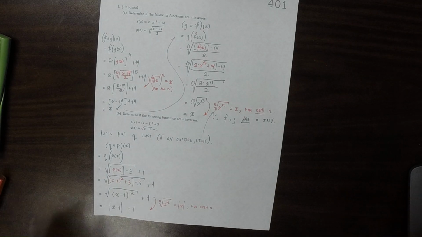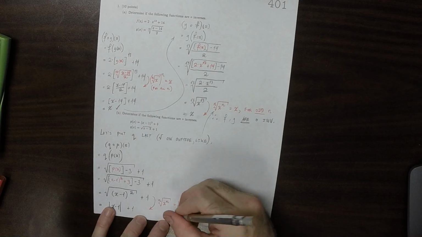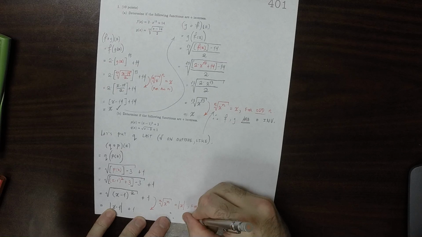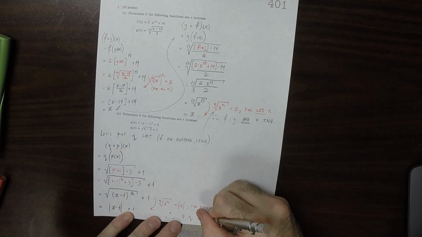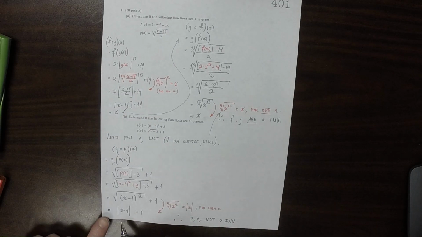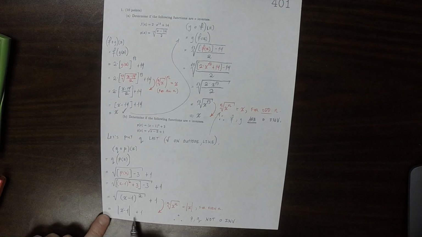As a result, the answer is no. So therefore, P and Q are not compositional inverses, because this expression, absolute value of x minus 1 and then plus 1, does not simplify to x.